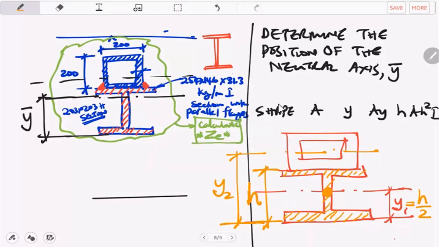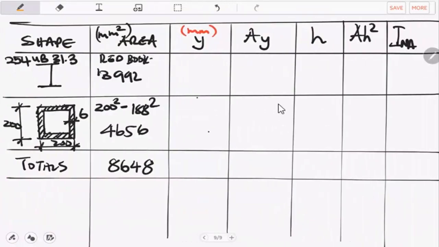Right. So if it's going to be at the center of that shape, we have to go into the red book, select the value of the height, and divide that by 2. If you go for h for the 254, 146, 31.3 kg section, it's 251.5 millimeters. Am I correct?